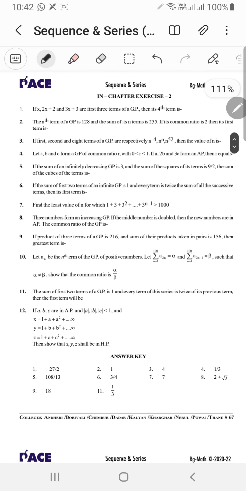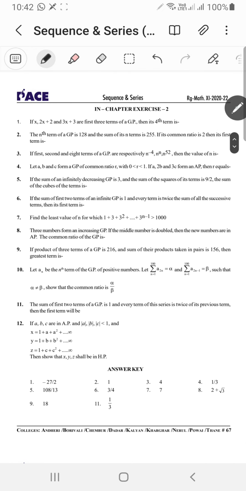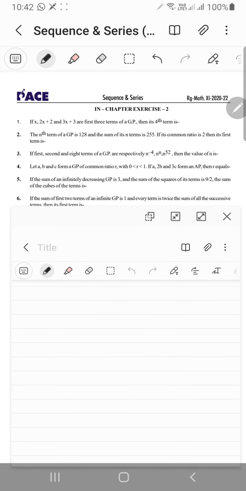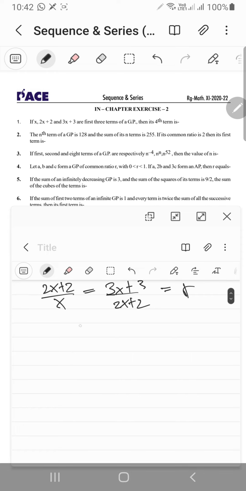If x, 2x, 3x are the first terms of a GP, then its fourth term is... Right. The same thing. Now it's a common ratio. So (2x plus 2) upon x equal to (3x plus 3) upon (2x plus 2) equal to some ratio. You just need to find what the ratio is. What these numbers are will be done. And you can put that over there and this over there.